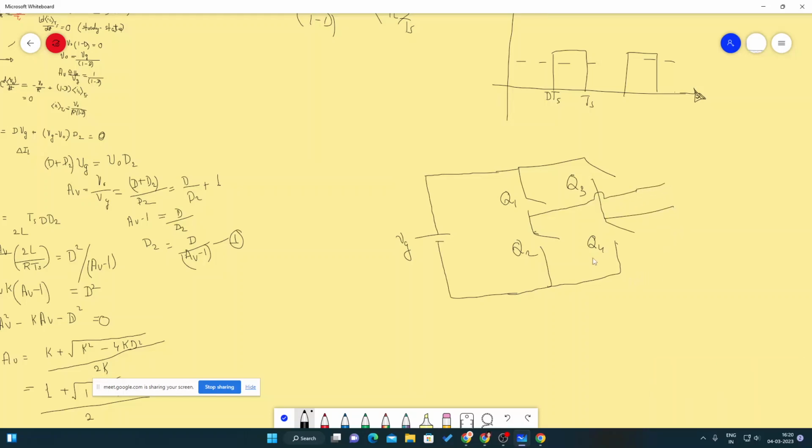So this is a basic inverter. All these are the 4 switches.